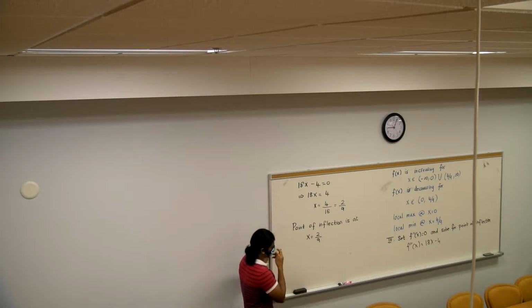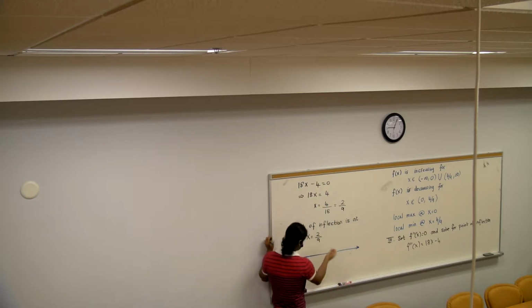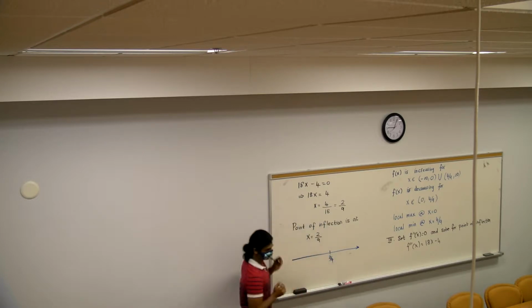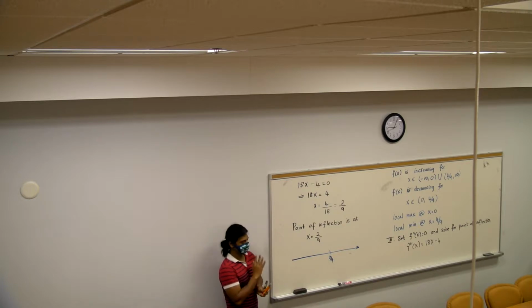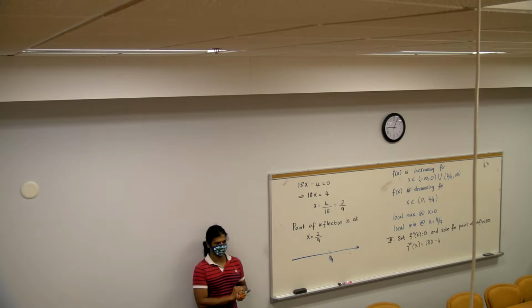We found this, but we still want to verify if in fact the concavity changed. That's the concept behind the second derivative test. So 2 over 9 is right over there. Now we want to pick an easy number less than 2 over 9: 0.